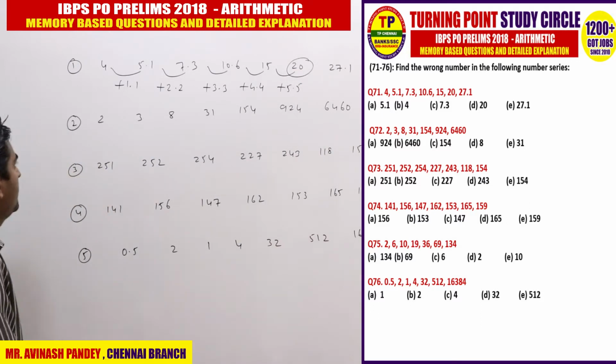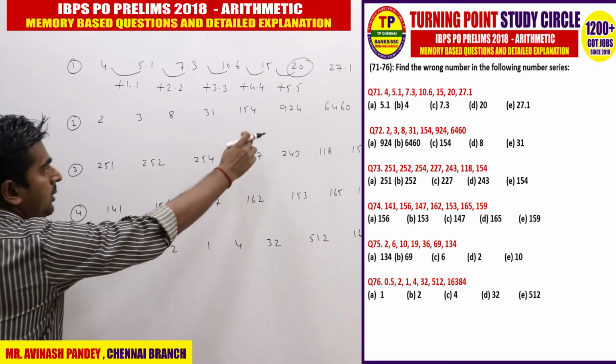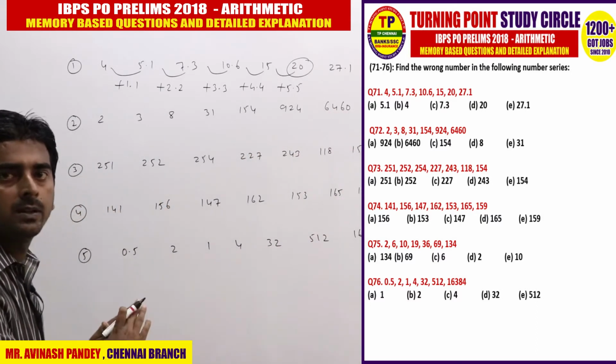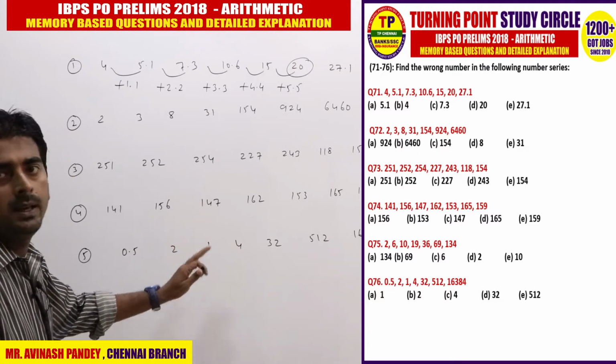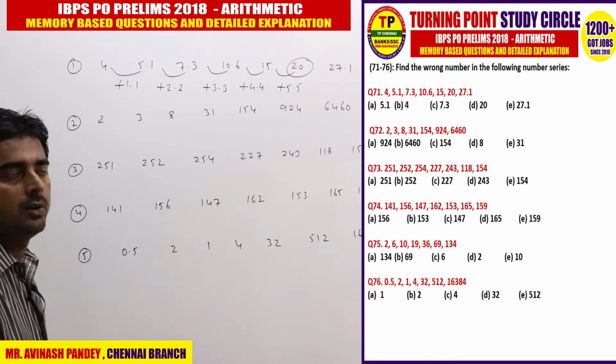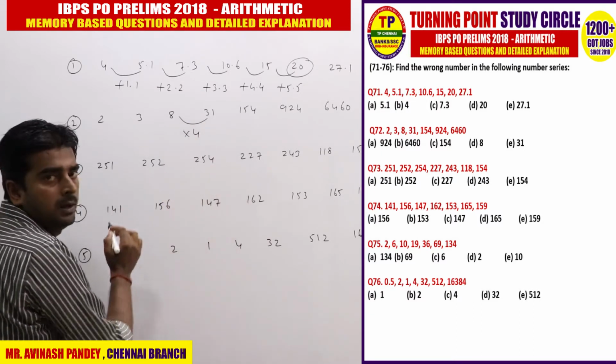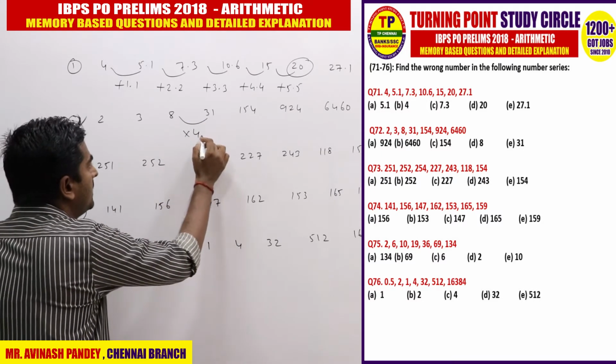Second one, when you see here: 2, 3, 8, 31, 154, 19, 924 and 6460, right? While seeing 924 and 6460 itself, we can say that difference logic won't be there. It will be a multiplication plus addition or subtraction logic, right? So I can say that this is something into 4 plus or minus, so directly we can say minus 1.